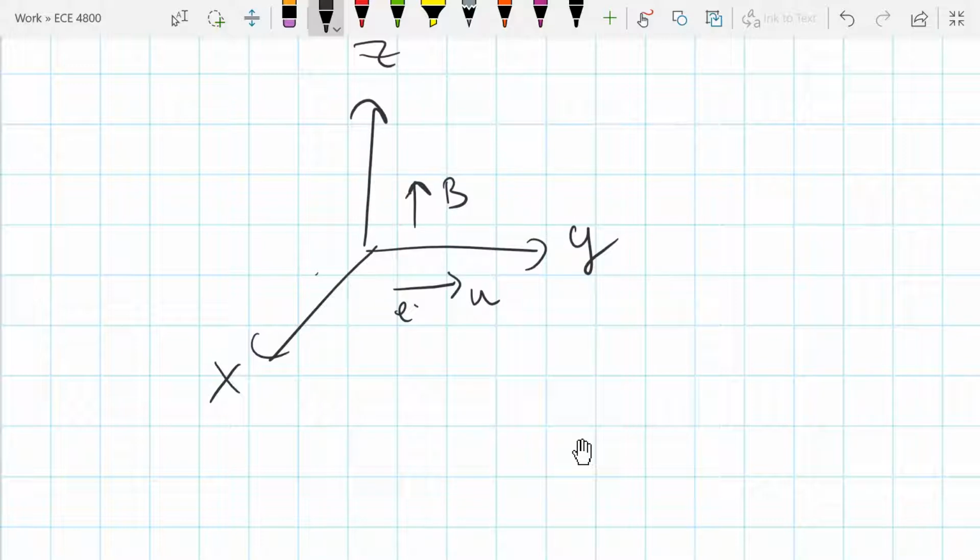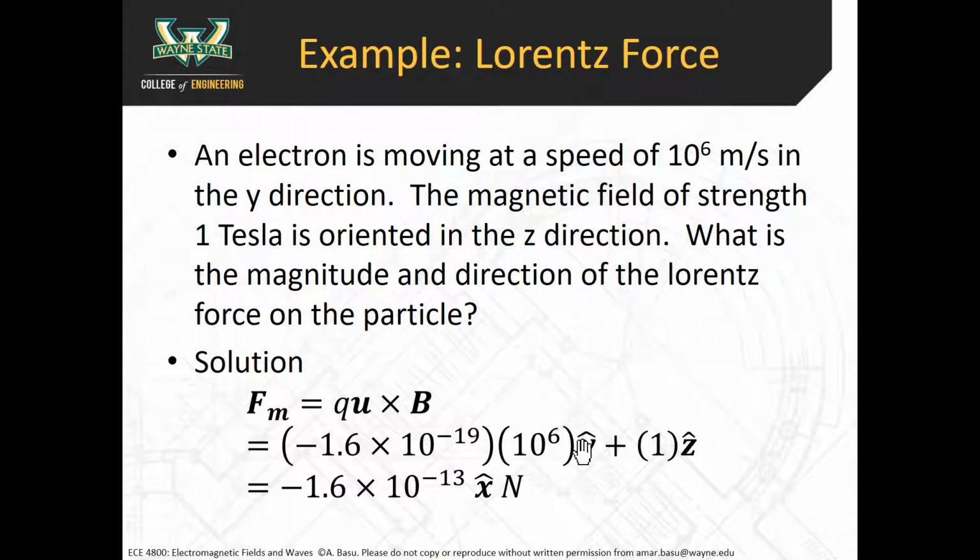So your thumb is pointing in the positive x direction, right? The thumb is pointing in the positive x hat direction, but you have to negate that, so you have to take it in the negative x hat direction. So the resulting force here is going to be in the negative x hat direction.